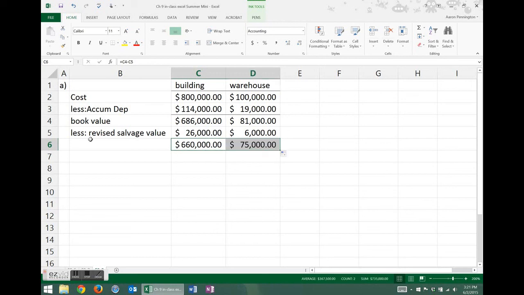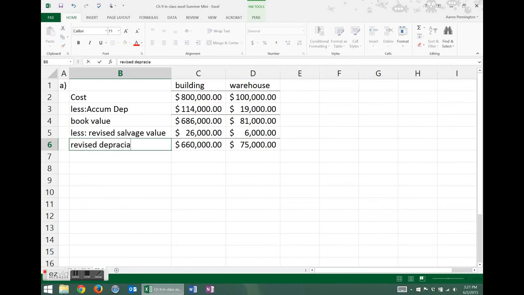And here we have what we'll call revised depreciable basis. And now our next step is estimated useful life remaining.